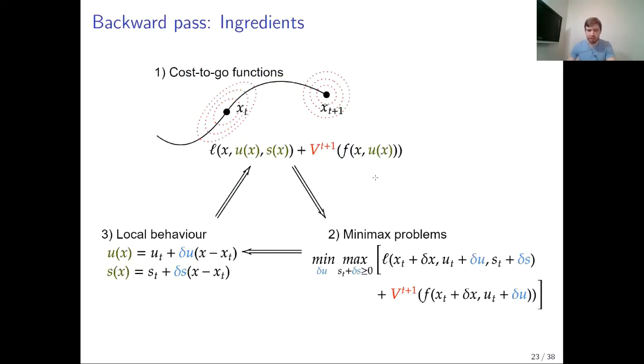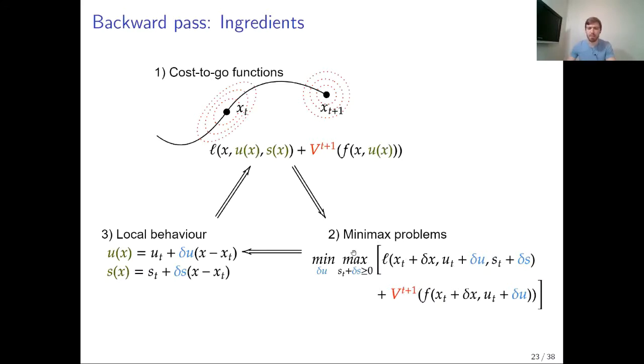In resolving the recursion, we will rely on 3 main ingredients, which are the estimates for cost-to-go functions, denoted as capital V in red. We will consider minimax problems formulated with V function.